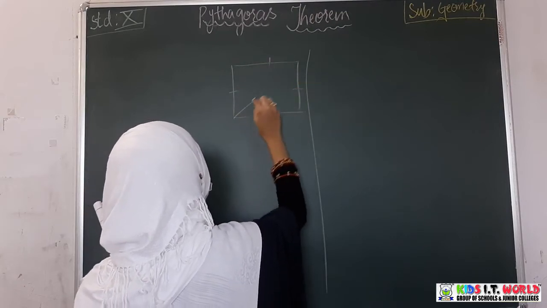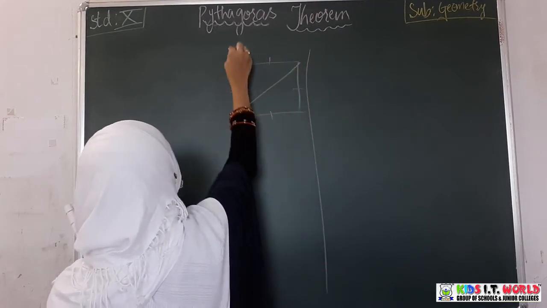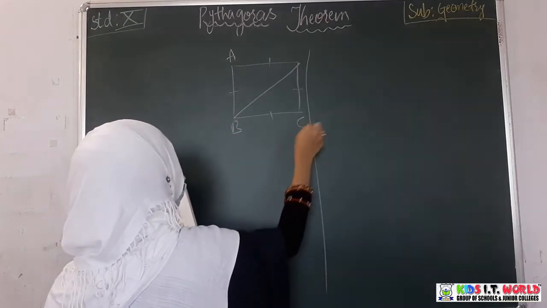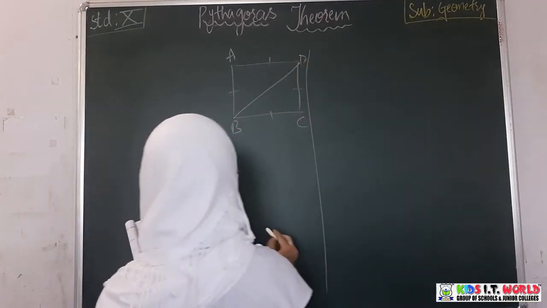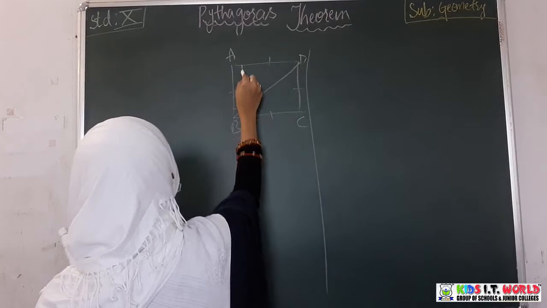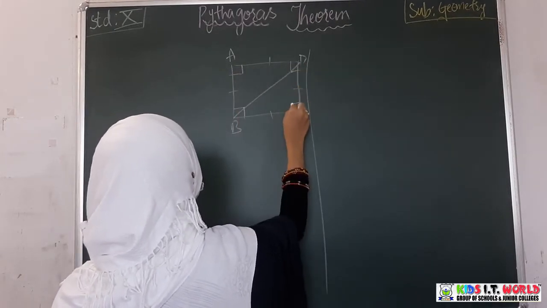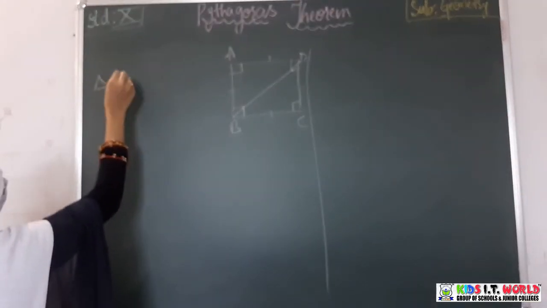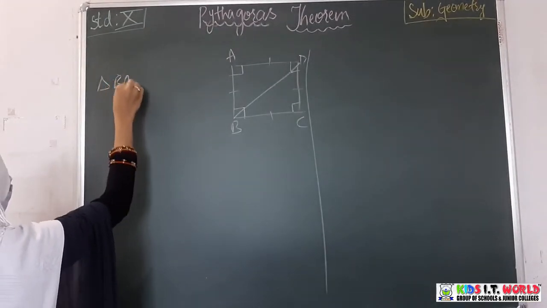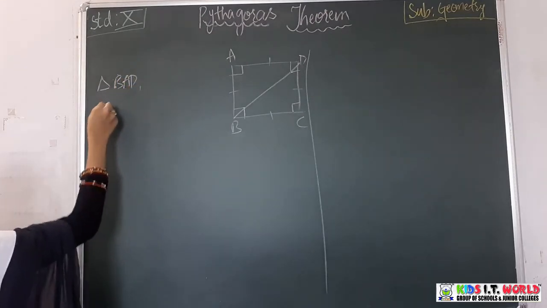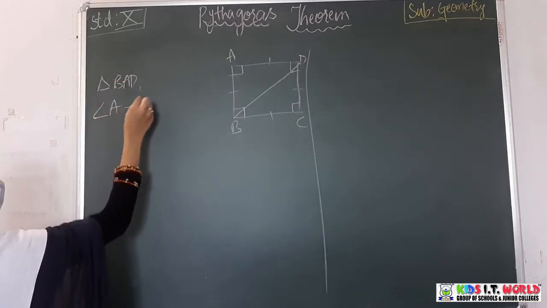We have mentioned the diagonal, A, B, C, D. All angles are of 90 degrees. Consider triangle BAD. In triangle BAD, angle A is 90 degrees.